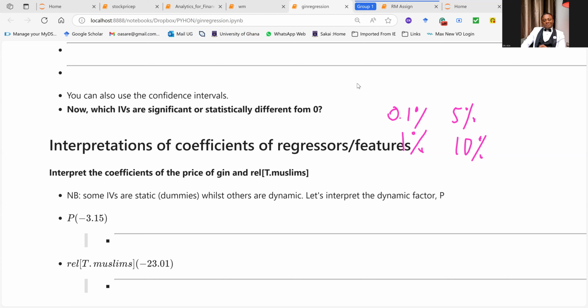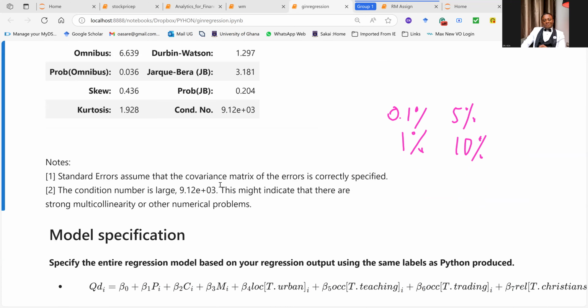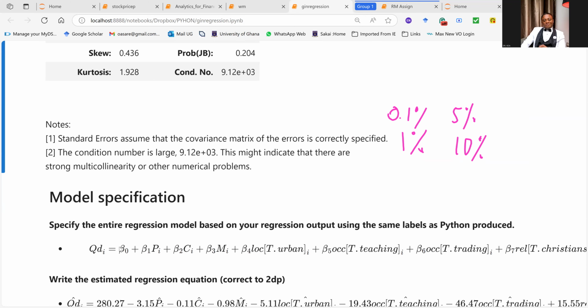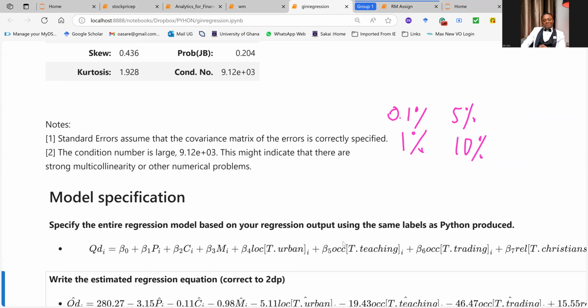It was for every other variable except the price of gin itself.